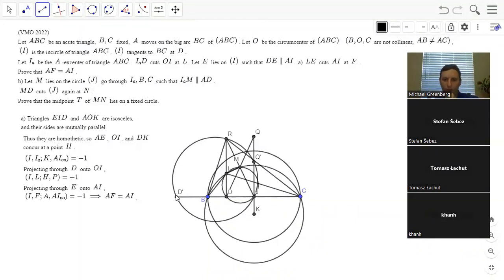So from there, we want to show Q prime is fixed. So we want to show the intersection of that circle is fixed. That's kind of the same as saying the power of K with respect to that circle is fixed.